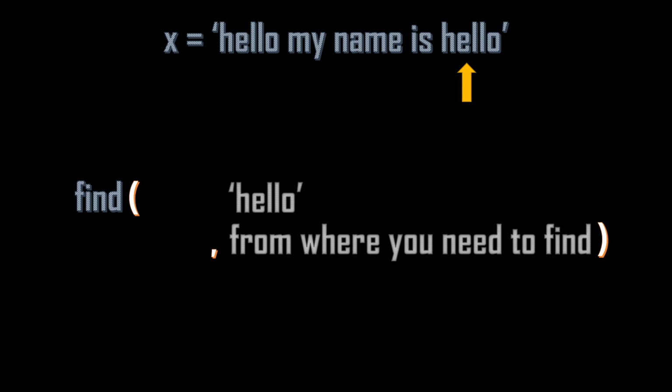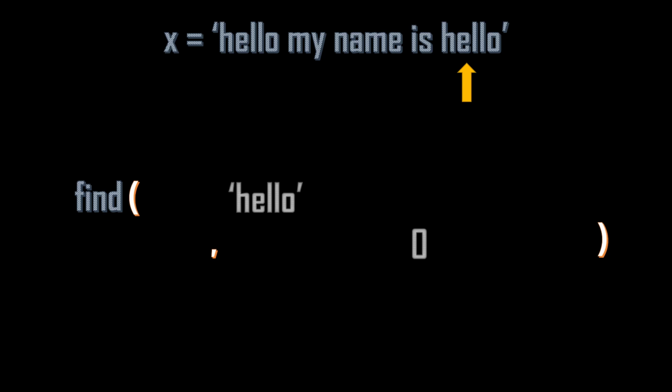Now you need to know that the default value of from where you need to find is 0. That means that if we don't specify the second argument of the find function, the find function is basically gonna look from the 0 index of the string. So here we have a find function which has only the first argument, which is hello, and doesn't have any second argument.